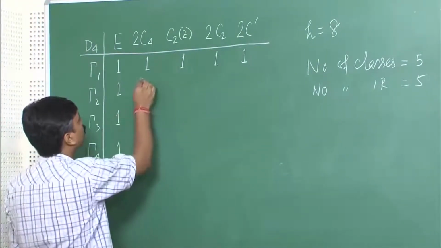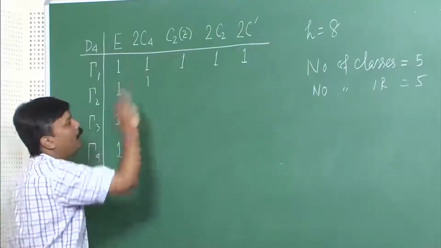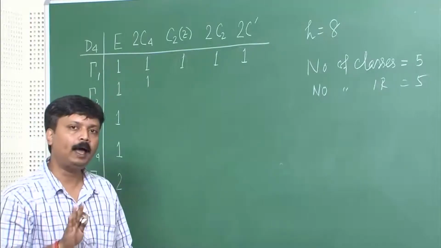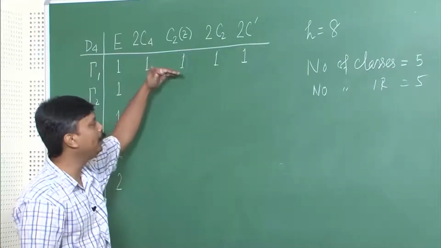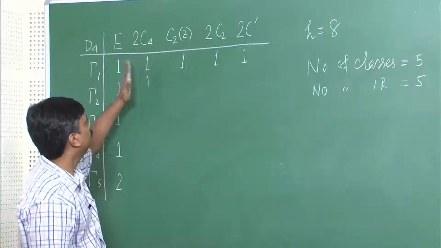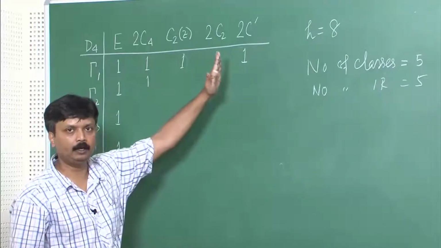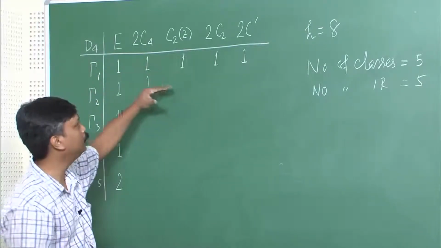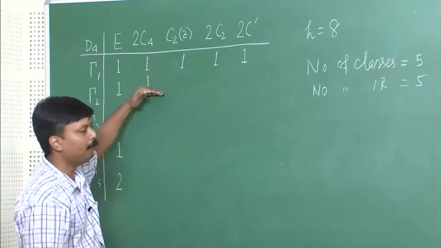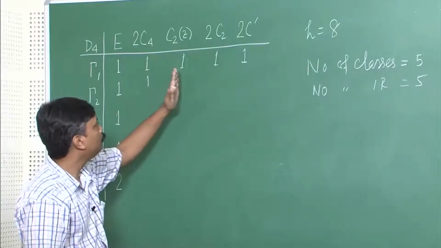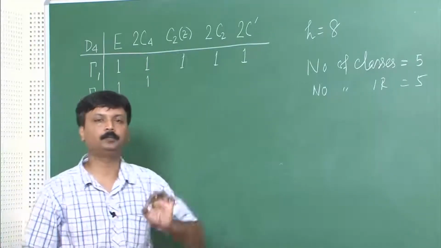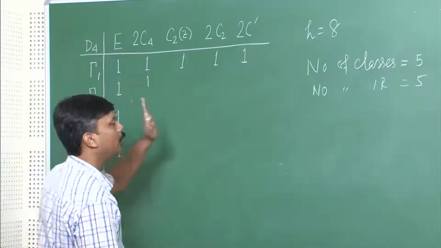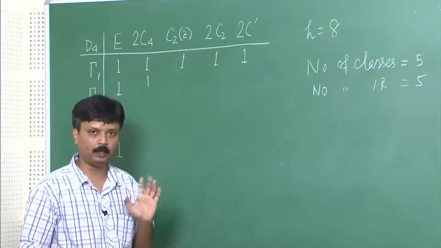So, let us do that. In total we have 8 operations, and these are all one-dimensional IRs. If I have to make them orthogonal to the totally symmetric irreducible representation we already have, I have to make 4 of the operations have character +1, while the other 4 will have -1.